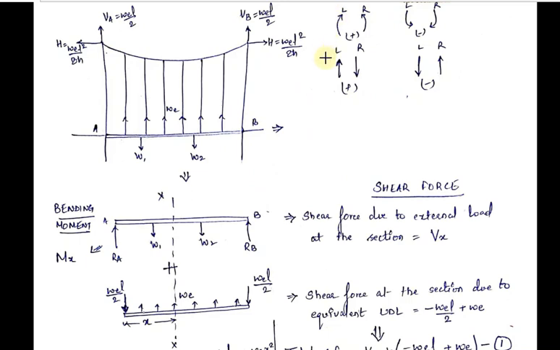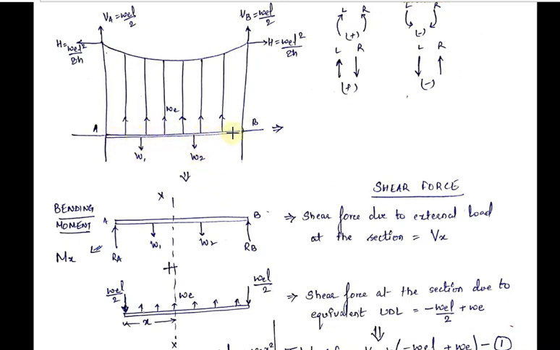Now these are the sign conventions which we are going to use to find the values of shear force and bending moment. Sagging bending moment we will take as positive, and hogging bending moment we will take as negative. This type of shear force we will take as positive, and this type of shear force we will take as negative. Now let's find the value of shear force at any section in a two-hinged stiffening girder.